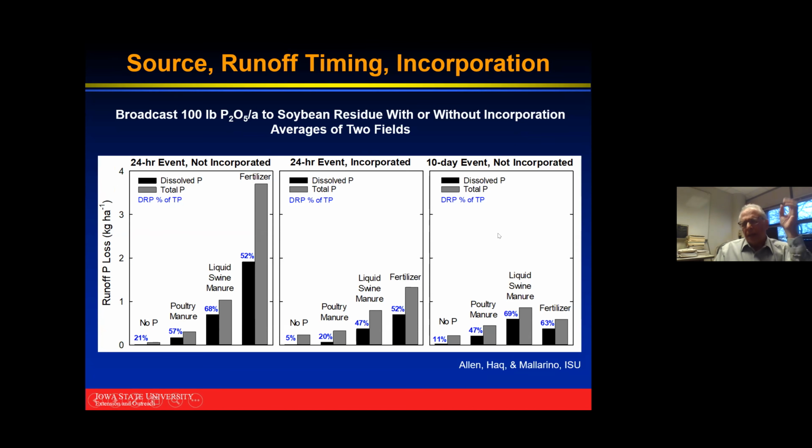And this has been very consistent in at least 4, 5, 6 different projects that we looked at. It's enough that the P, no matter the source, is sitting there on the surface, without incorporation, but there is a delay of about 10 days or 2 weeks in the runoff event. Essentially, we are having even less phosphorus loss than when we do the incorporation.